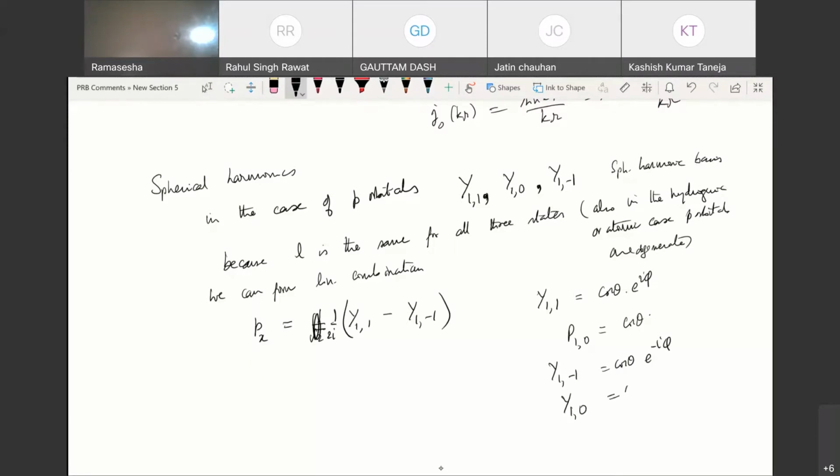Okay, so if I take p_x, this will give cosine times... no, sorry, this is differentiated.